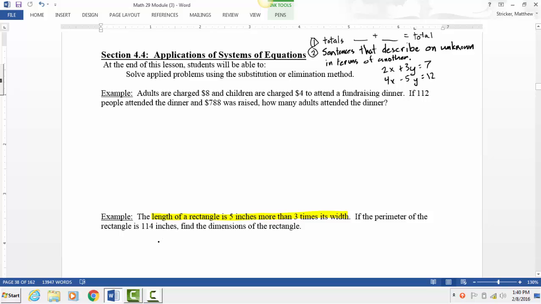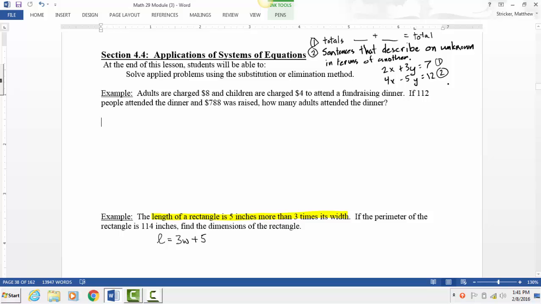The length, that's going to be L, equals, is 5 more than 3 times the width. So 3 times the width is 3W, and then it's 5 more than that, so we add 5. And that's an equation. Remember, we need 2 equations.